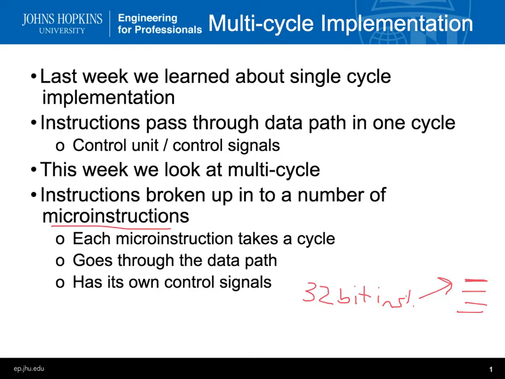Each micro instruction will go through the data path, have its own control signals, and then when it's done, do another micro instruction. So it's like each instruction is a little program. And so each instruction could take 3 cycles, 4 cycles, 5 cycles, depending on how many micro instructions it takes.